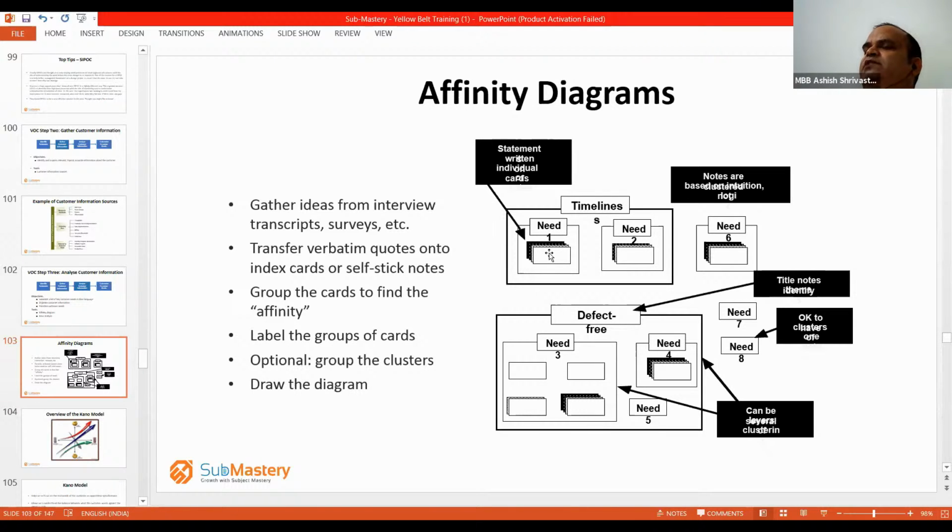Like in the first column, this is need number one. You can put all the cards which have the different needs of the customer. Similarly, need number two, 3, 4, 5, 6, and so on. Like this way you are able to understand different needs and different demands of your customer.